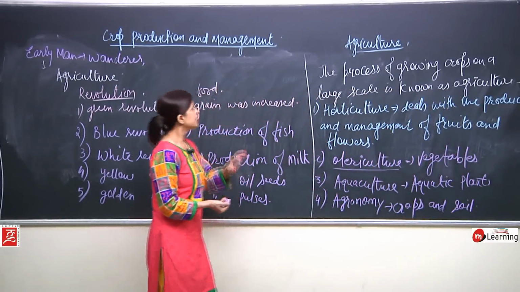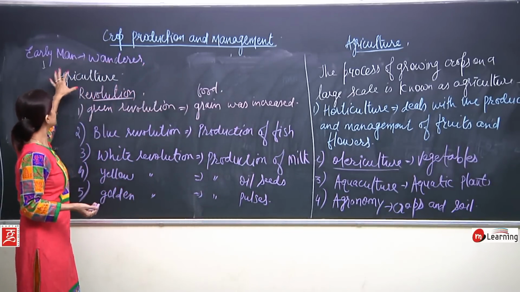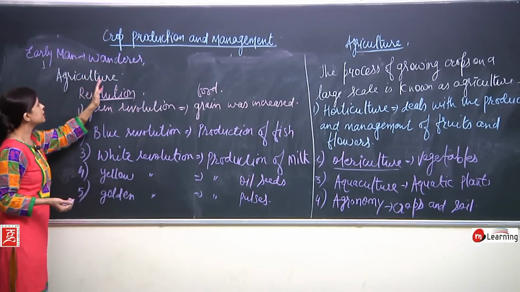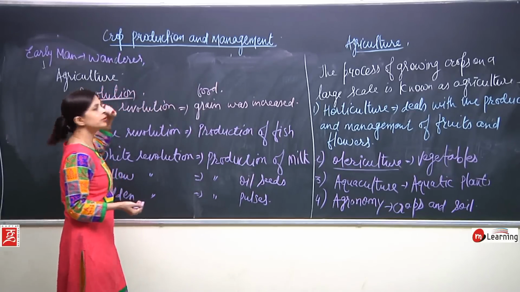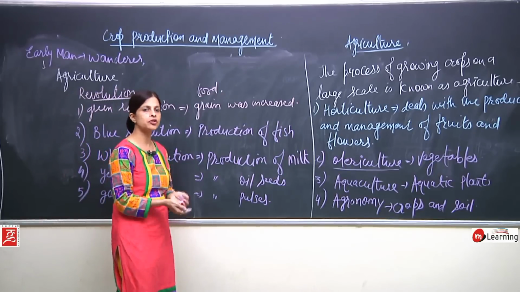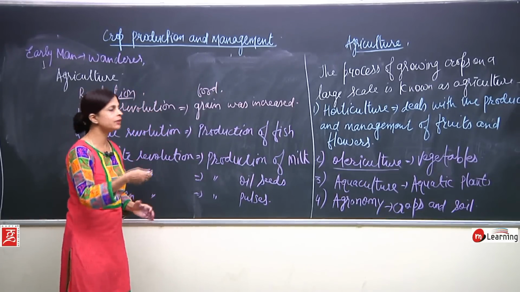Just have a glance. Early man was a wanderer. He used to lead a nomadic life. Then somehow he learned to grow crops, and so agriculture came into existence. Then scientists started with certain revolutions so that the production of one particular crop can increase.